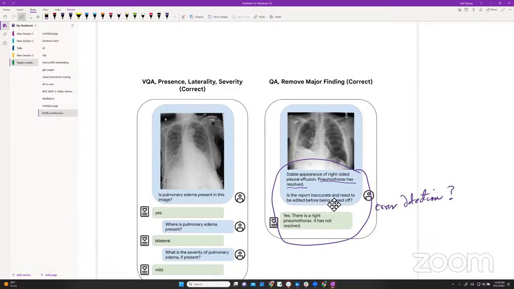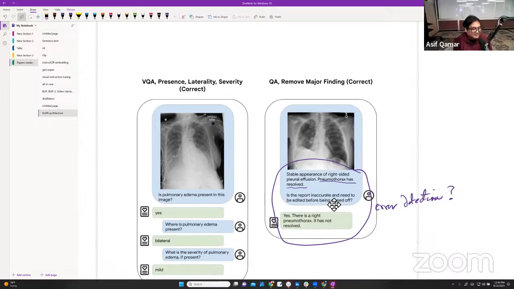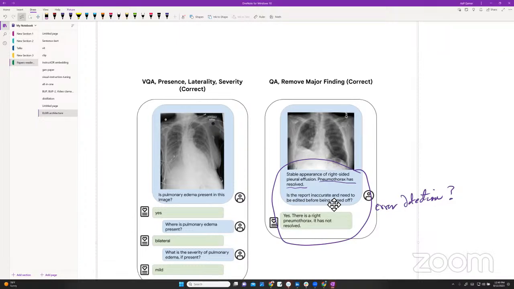It says stable appearance of right side pleural effusion, pneumothorax has resolved. This is just the summarized final diagnostic, but above this, a radiologist would usually explain the actual findings, interpreting the signs or different characteristics of this image. If there's cardiomegaly and all those things, they will give you a full report above. This is just the part where it summarized everything.